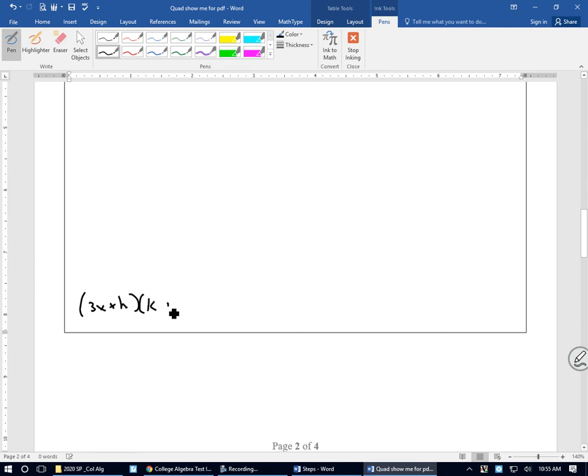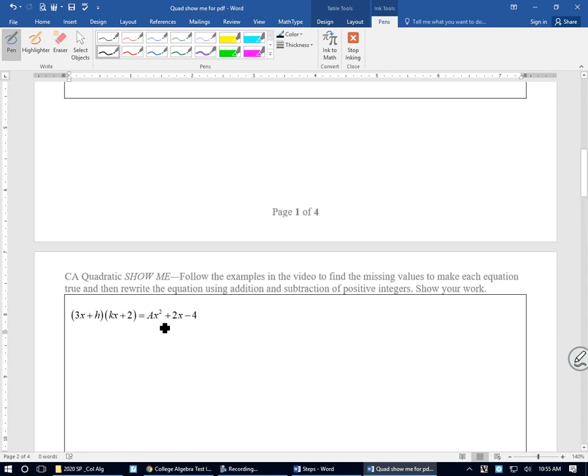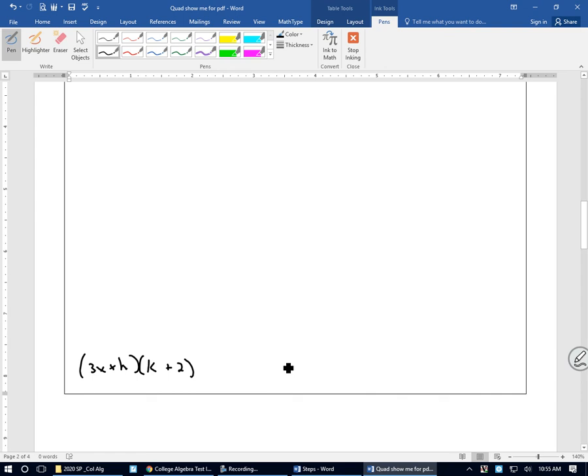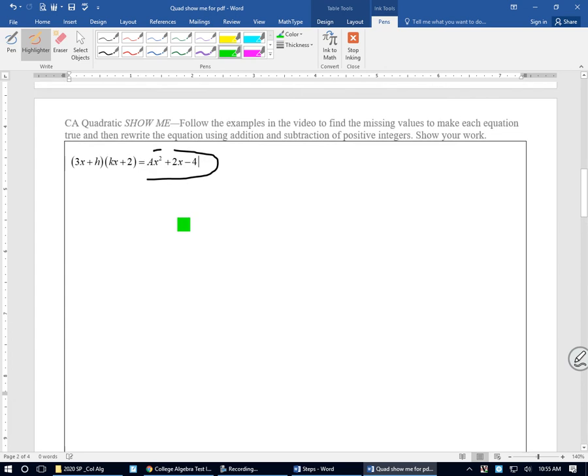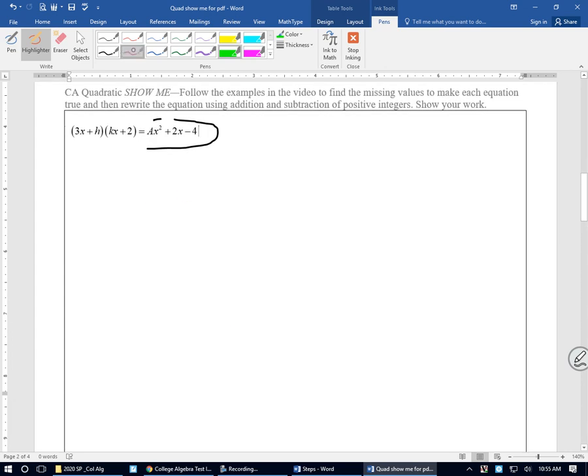Try real hard to make sure your k does not look like an x. I'm going to need that for line 7, when I replace h, k, and a with numbers. All right, let's go back up to the top.